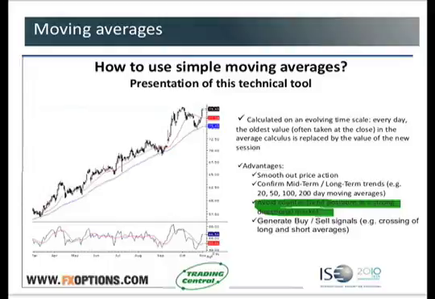For example, on this chart, you can see that we have two moving averages. In red, it's a 20 days moving average. In blue, it's a 50 days moving average. You can see that the price is always at least above the 50 days moving average. And these two moving averages are on the upside.